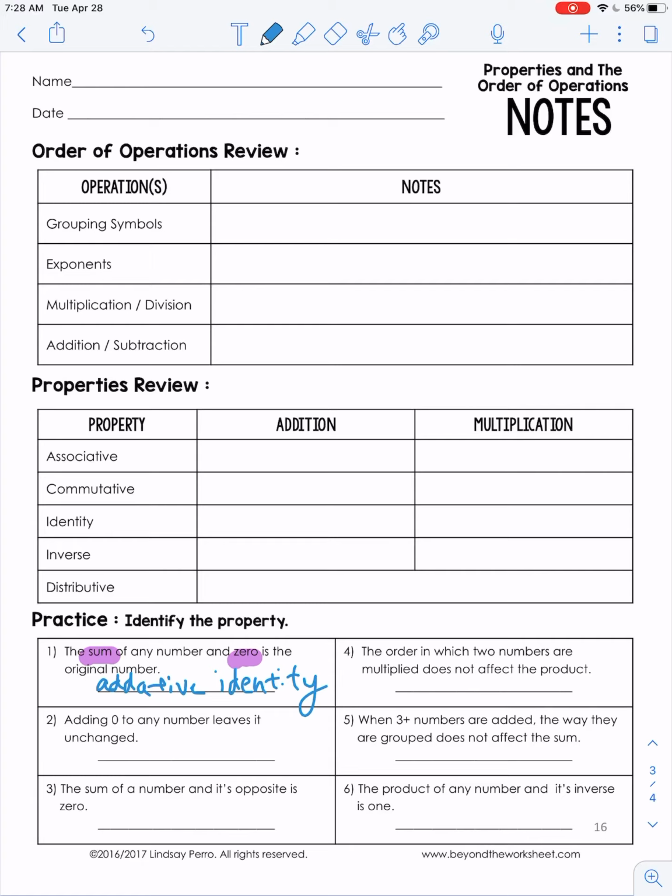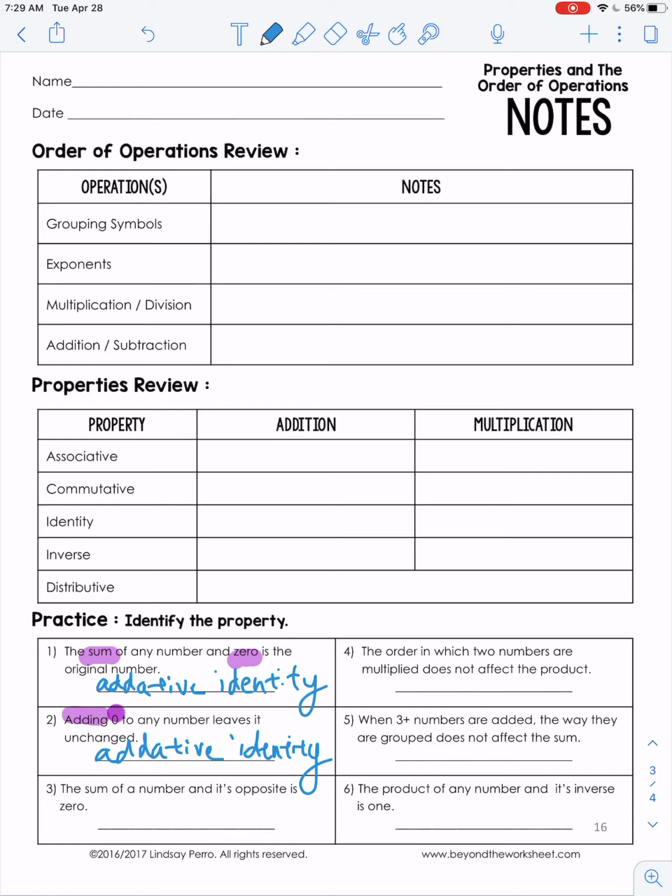Let's look at number 2. The sum, once again, or adding 0 to any number leaves it unchanged. So once again, we have adding and 0. What would our property be? Once again, it is our additive identity.